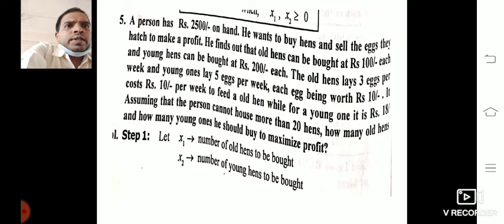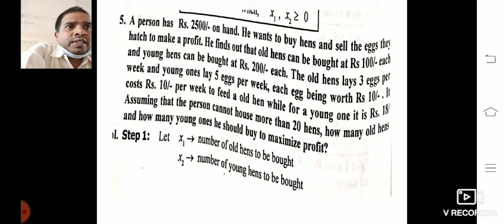Here the next problem is: a person has rupees 2500 on hand. He wants to buy hens and sell the eggs. He has to make a profit. Again, this problem comes under the profit category, so the objective function is maximization. He finds out that old hens can be bought at rupees 100 each and young hens at rupees 200 each.